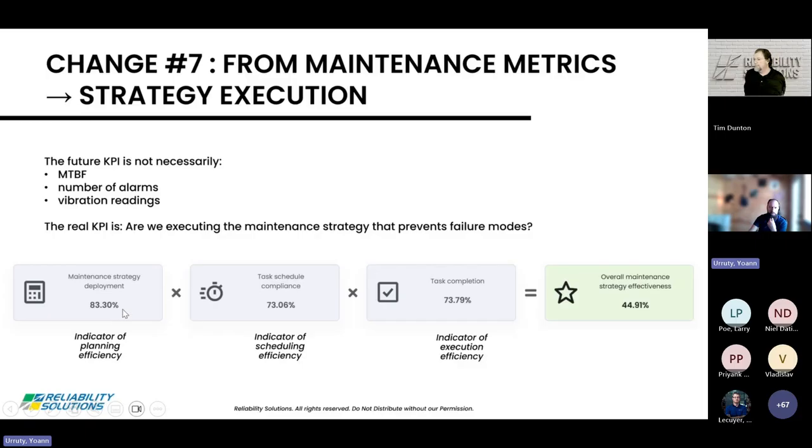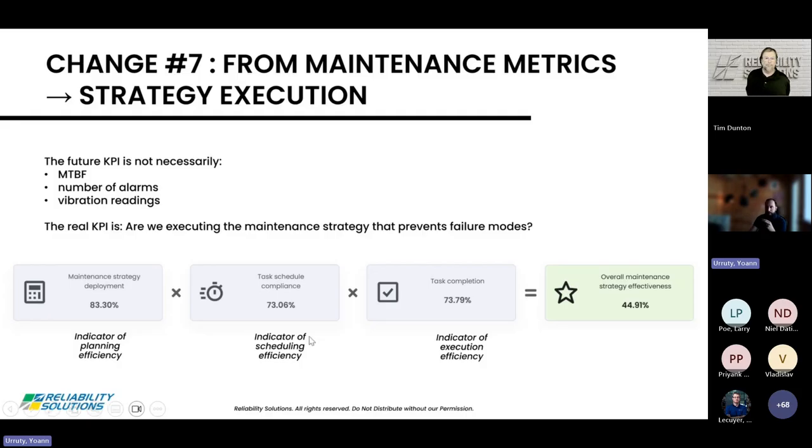Number one, maintenance strategy deployment. Out of your maintenance strategy and all the maintenance tasks that you have in your program, how much of it have you actually rolled out? It is very good to do ASD and PMO and all that stuff, but are you actually implementing and executing the routes that you created and the tasks that you defined? Here, for example, 83%.